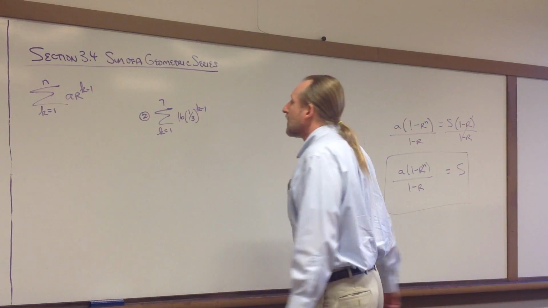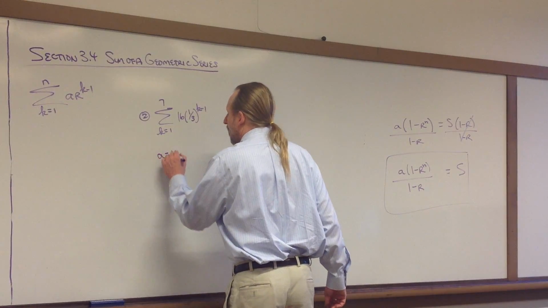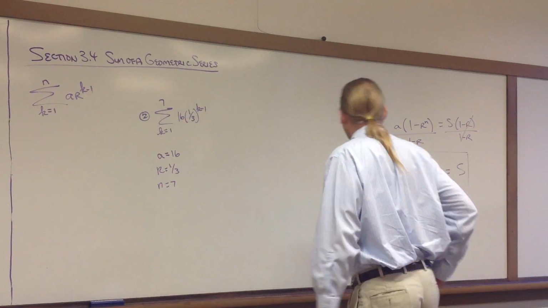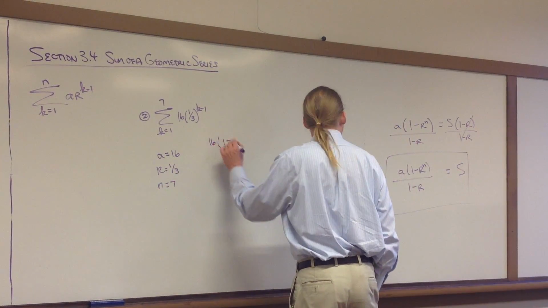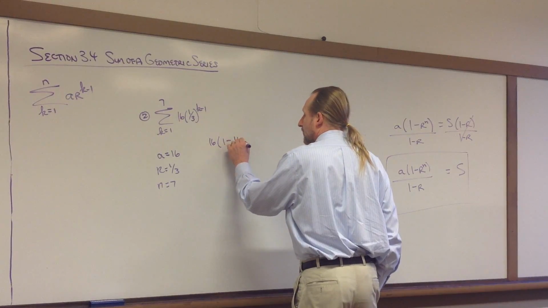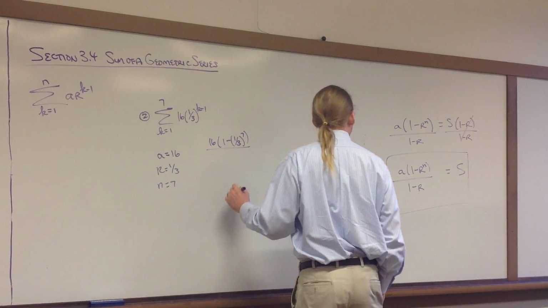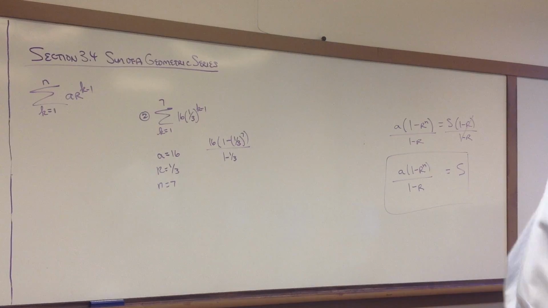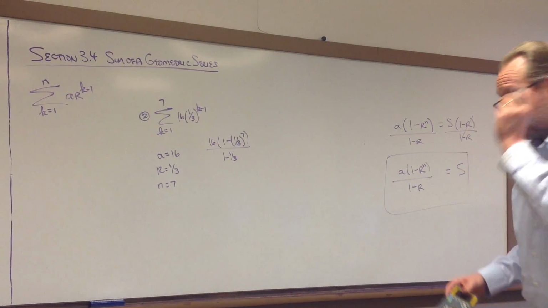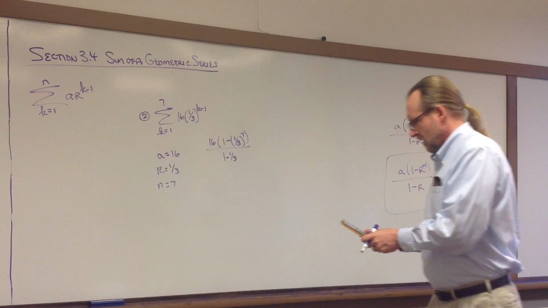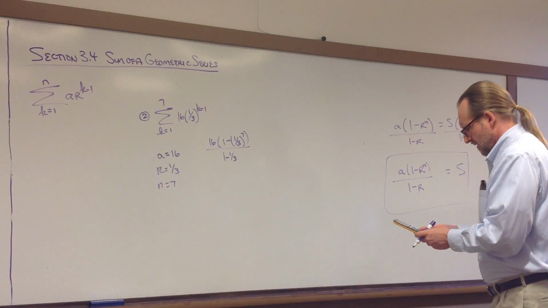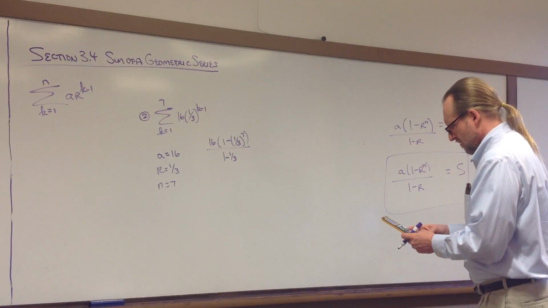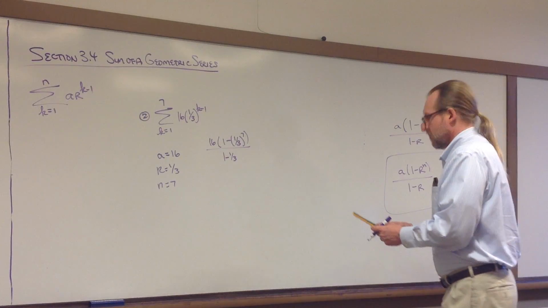Here, a is 16, r is 1/3, n is equal to 7. So this is going to be 16 times 1 minus 1/3 to the 7th power over 1 minus 1/3. Let's do a little bit of calculation here: 16 times 1 minus 1/3 to the 7th power.